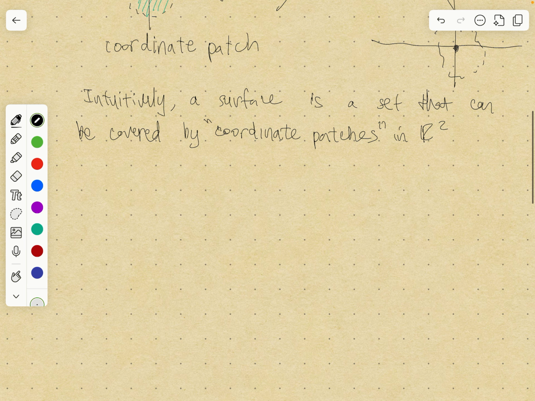So for instance, you can have, say, a cone. Technically, we should exclude the origin. But if you have this cone, then you can take, again, patches that will cover the cone.